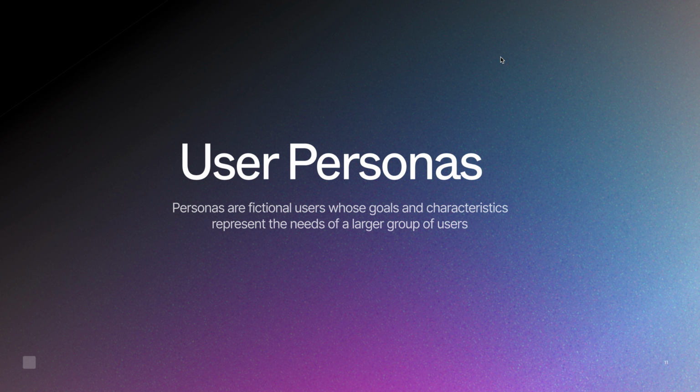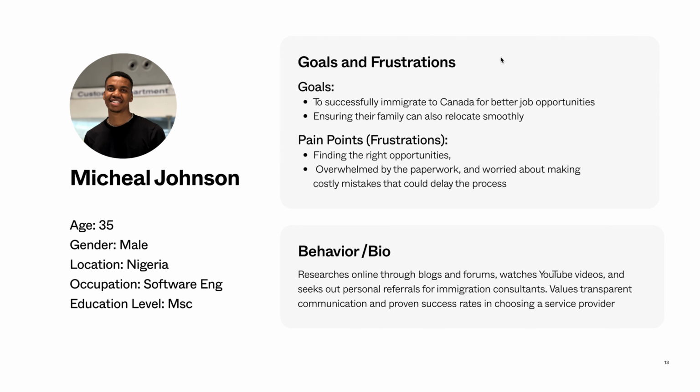So we are going to look at an example of a user persona, like you can see here. So here you see this particular persona. You are also going to make mention of the goals and the frustrations of these particular people, and then you want to have a behavior or a biography. If you're going to have a biography, you want a biography that has a relationship with the problem you're trying to solve, or the solution to the problem, so that you can create some kind of link.